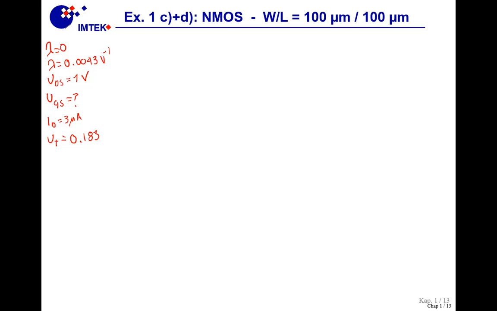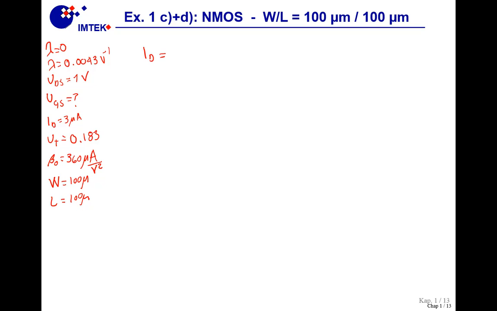So what else do we need? If we make the first calculation, the beta given is 360 microampere over volt square. And the W is 100 micro, and the L is equal to 100 micro. All right, so what is our formula?